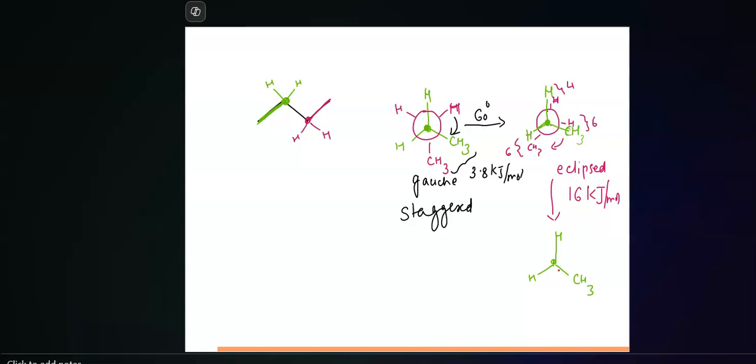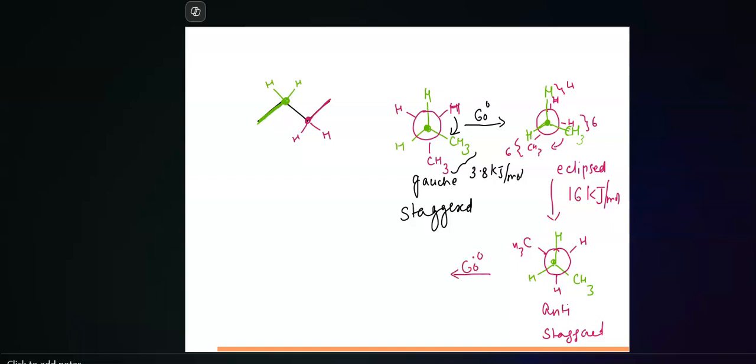So that hydrogen moves over here, this CH3 group moves over here, and this pink hydrogen moves over here. Now this is my more stable conformer. See, the 2 CH3 groups are opposite to each other, so this is what is called the anti conformer. Anti-staggered. It's a staggered, but it has got a name to it. Anti is the most stable because the 2 CH3 groups are away from each other.